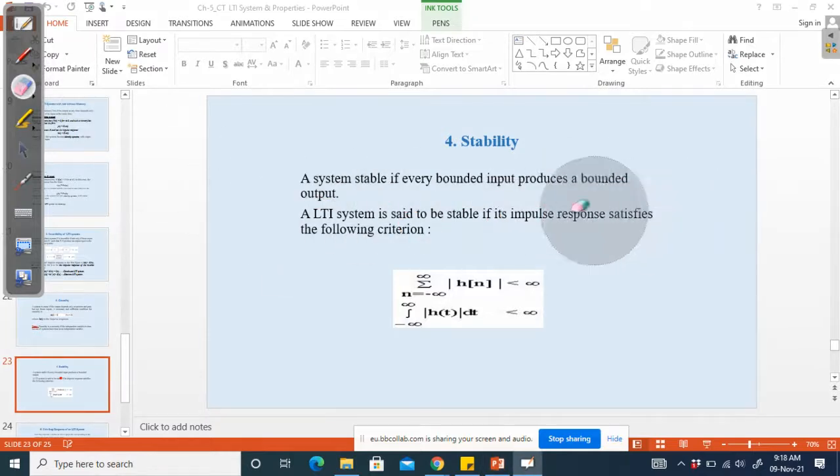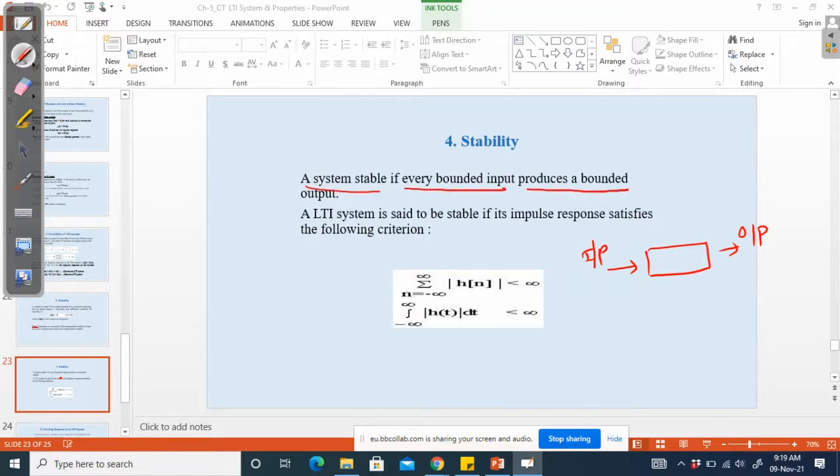Last property is stability. What is stability? Stability means if you give a system bounded input and the system produces bounded output, then we say the system is stable. So a system is stable if every bounded input produces a bounded output.